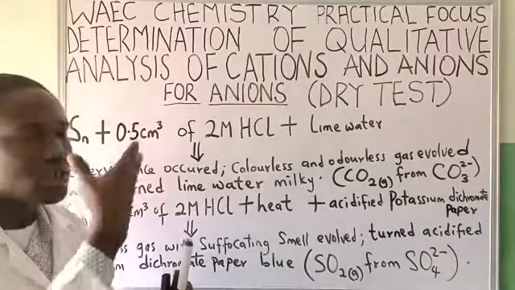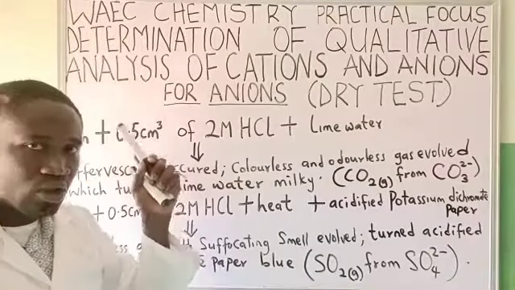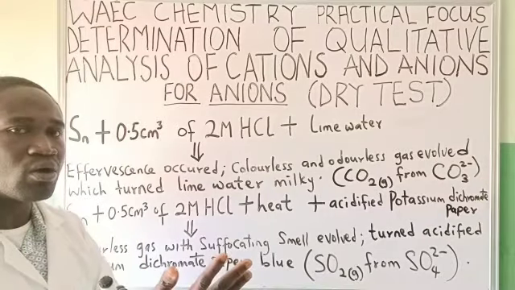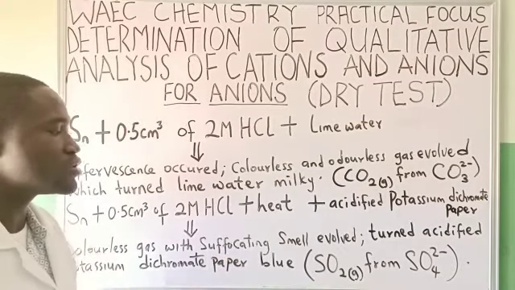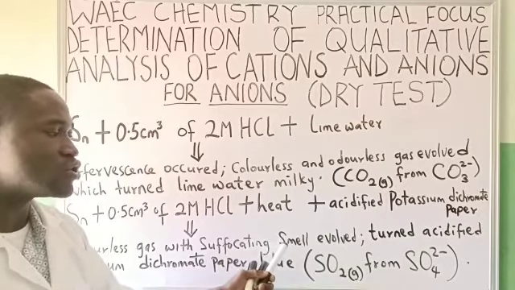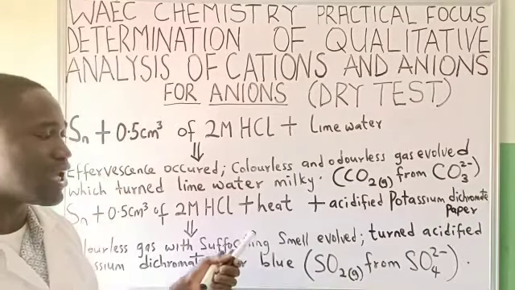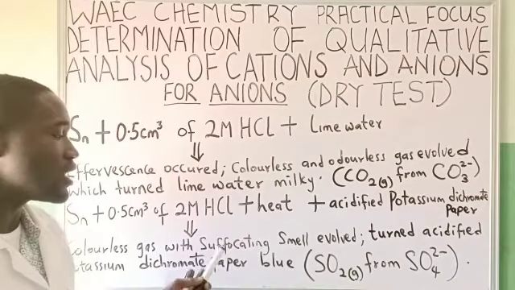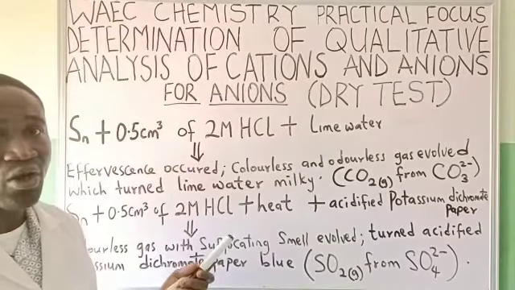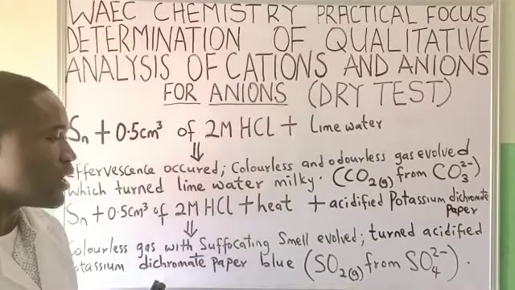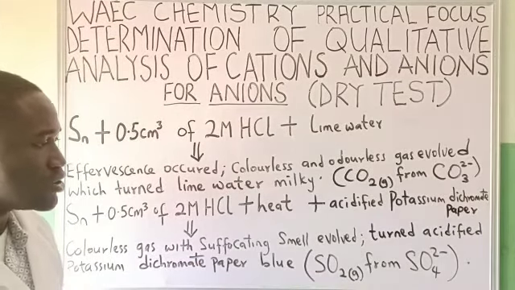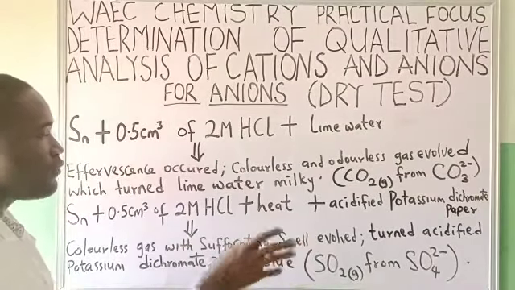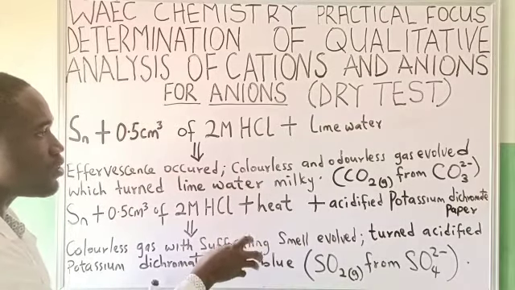Wear your face mask, your eye goggles, your nose cap, your lab coat, wear your hand gloves, because this gas can just ooze into your nose and can cause respiratory issues and can lead to death, or it can ooze into your eye and can blind you, and that will be another issue. So that is for SO2 from SO4. This is a dry test for it.